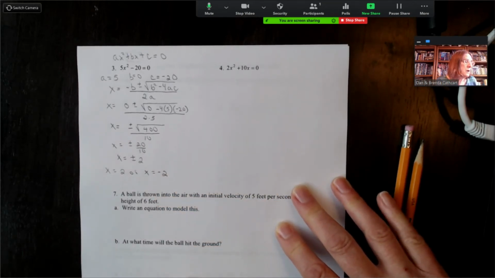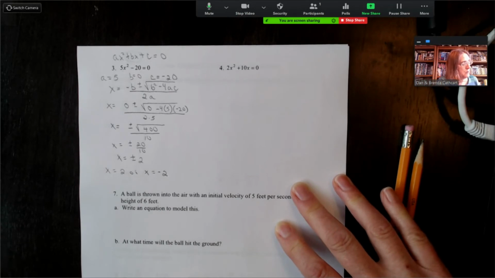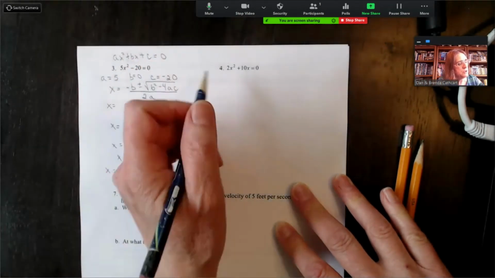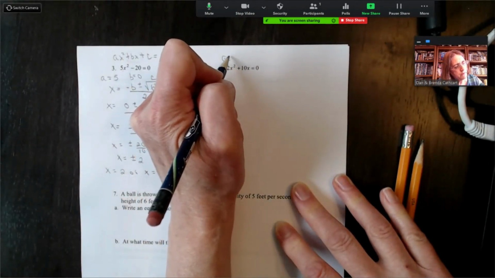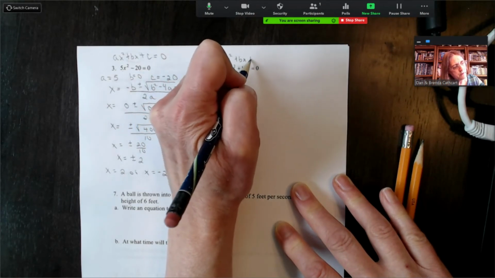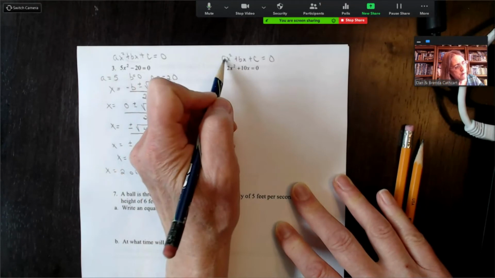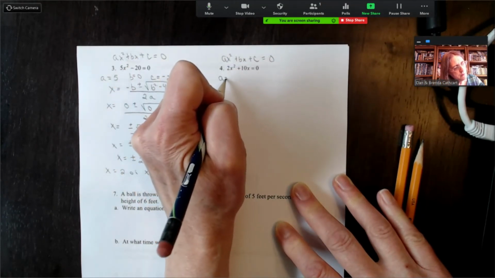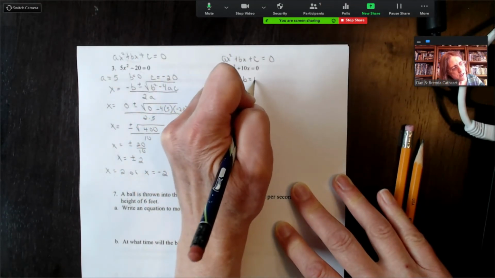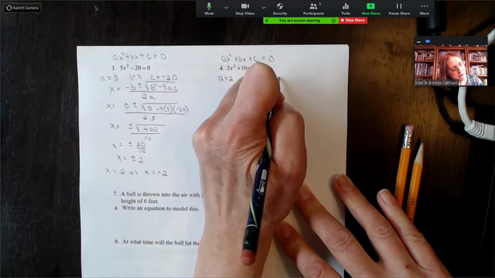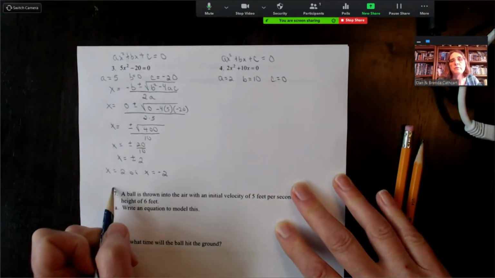Okay, number 4, we're also missing one of the terms in our standard equation. Again, if I think of it as ax squared plus bx plus c equal to 0, our a is 2, our b is 10, and our c is missing, so its value is 0.